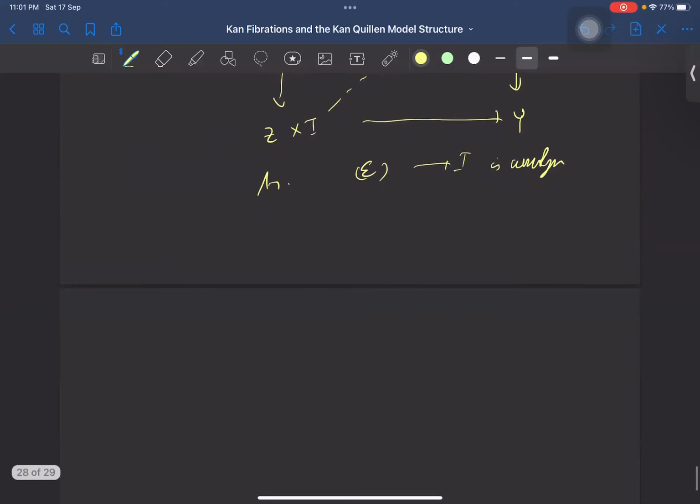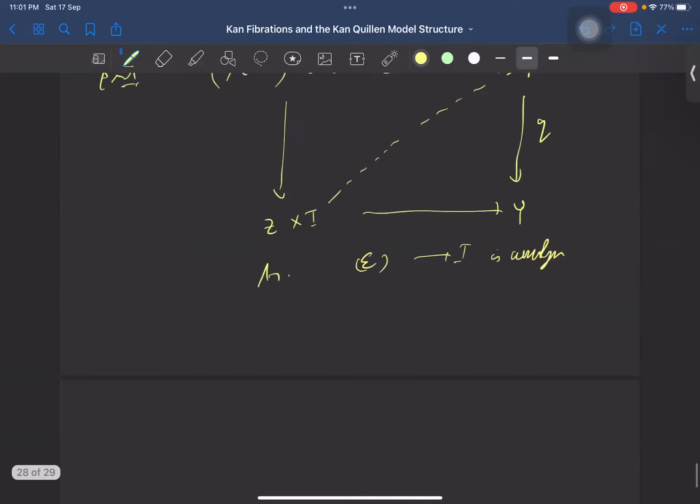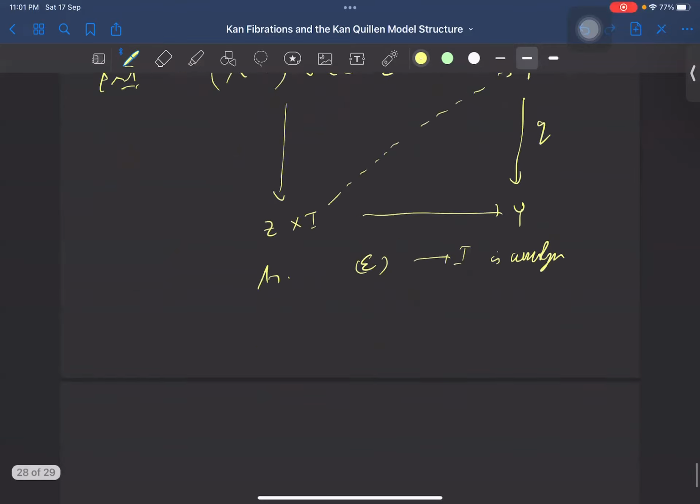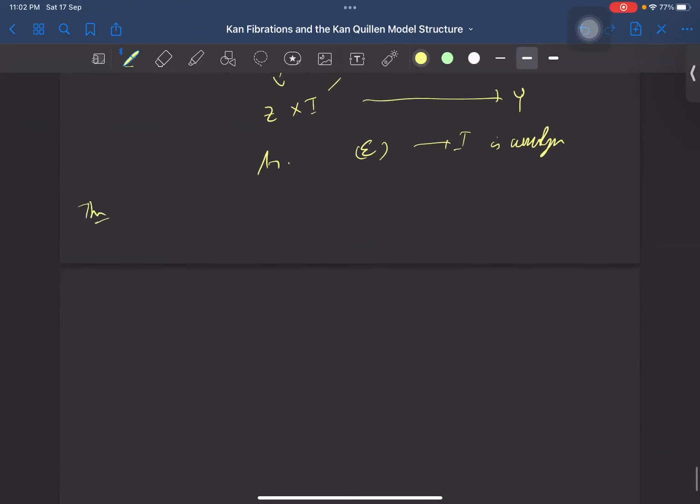Where was I? Right. So now I'll give a few applications of the covering homotopy extension property. So let me think. Okay, so here's a theorem.